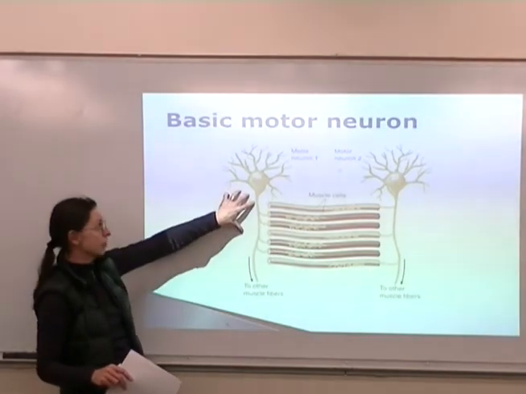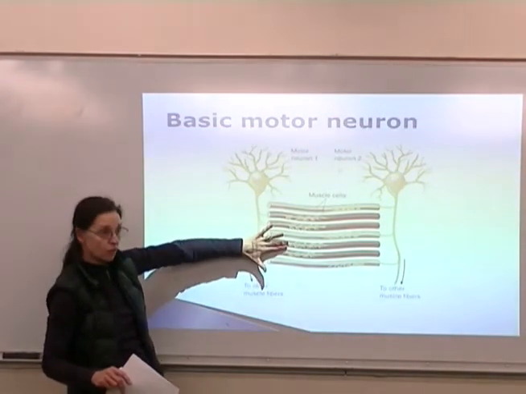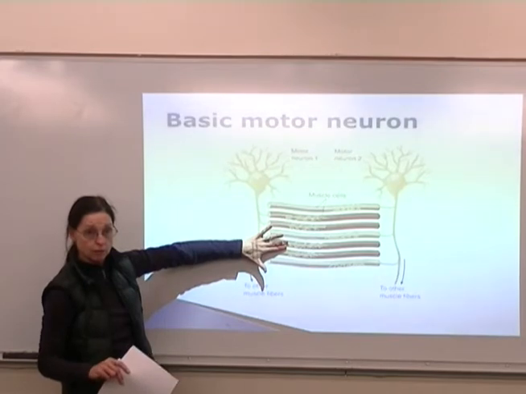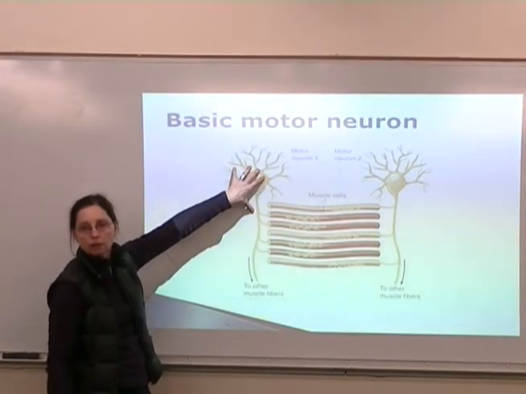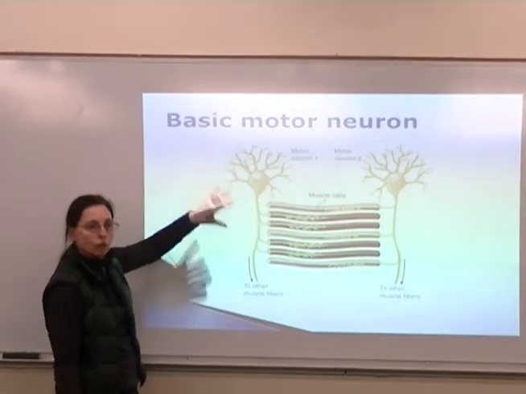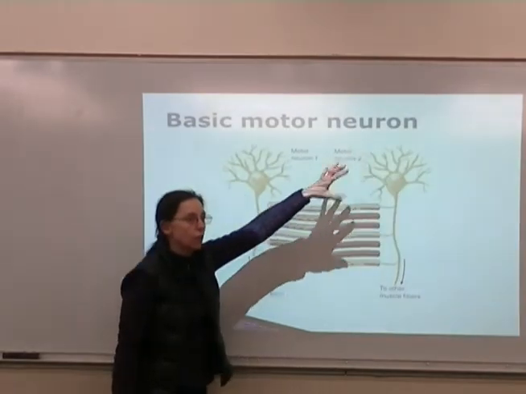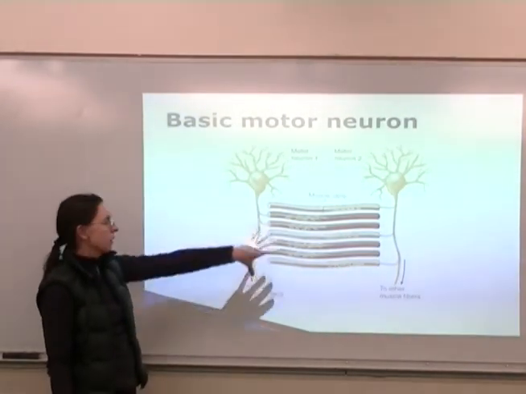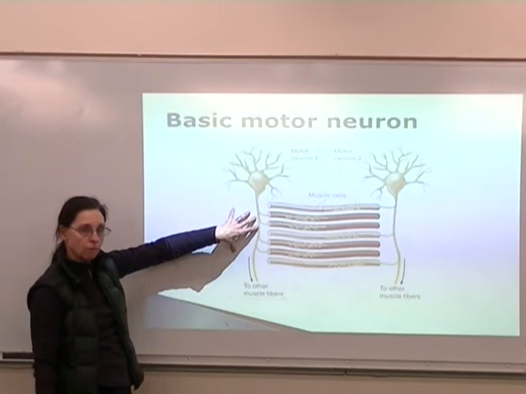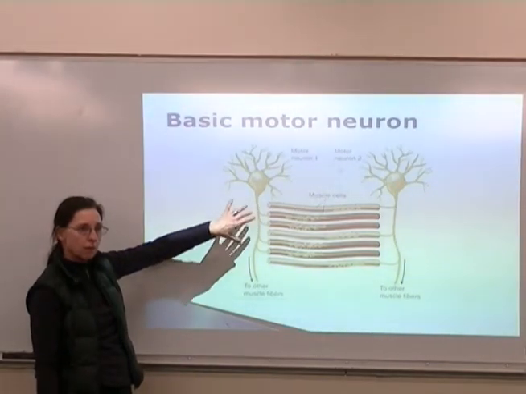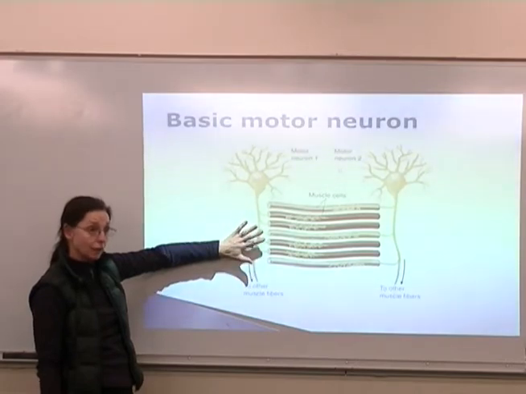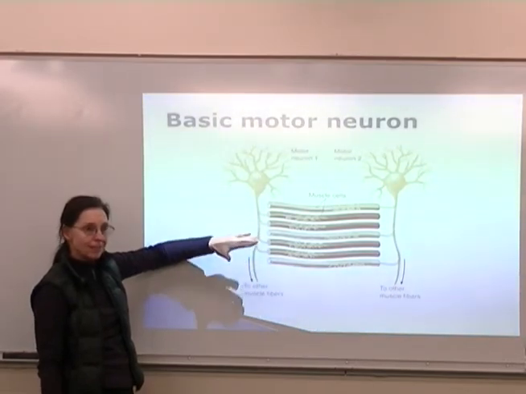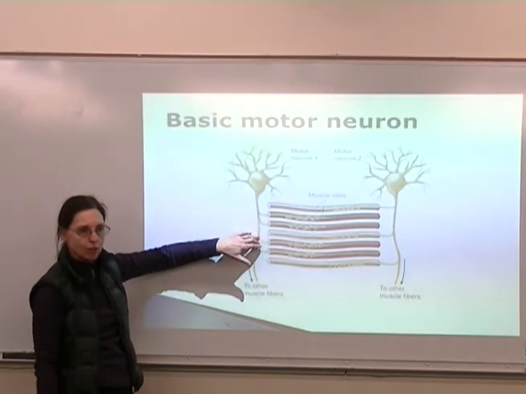If that cell turns on, any of the muscle fibers it's attached to will contract. Now, when you look at a muscle, there's way more than one type 1 nerve and way more than one type 2 nerve. This is just a simplified version. So, think about this because we're going to come back to this diagram on Wednesday and look at it some more. Because this impacts everything we do with training.